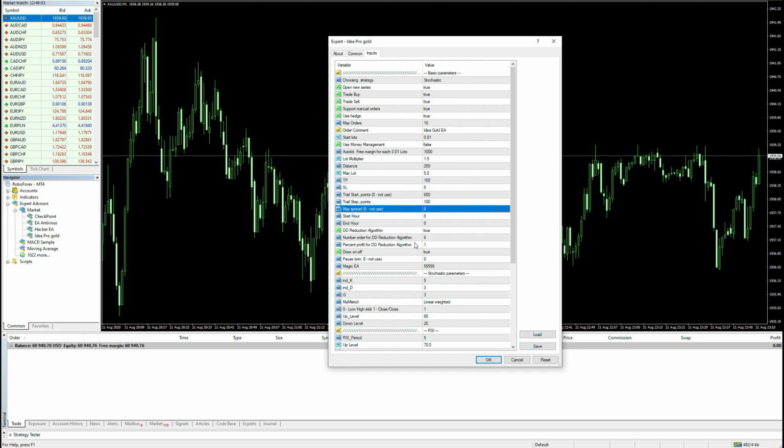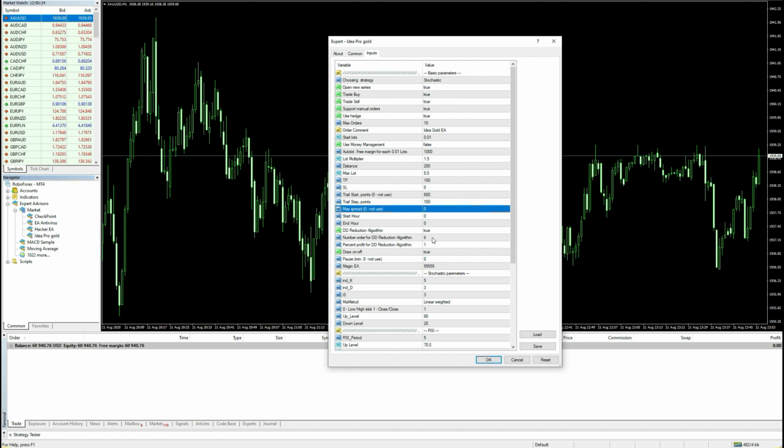The next thing you should look at is the DD reduction algorithm. By default it's set to true. The number of orders basically tells you that on the 6th order, this DD algo would kick in. So if you have 6 positions open, the 6th one closes with the 1st order, and then you're left with 4, then it slowly builds up again.